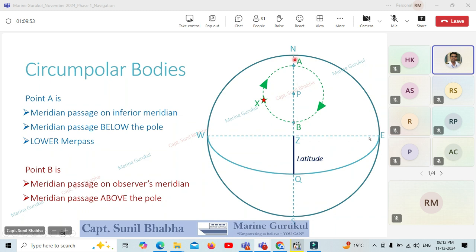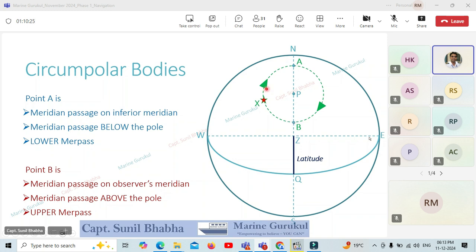The altitude of the pole is NP, November Papa, and the altitude of the pole is less than the altitude of the body. The body is at a higher altitude at point B. So that is why it is called meridian passage above the pole. And it is also known as upper Marpas or upper meridian passage, because at point B the body is above the pole. It is at an upper location than the pole.